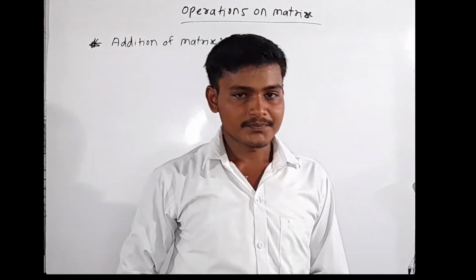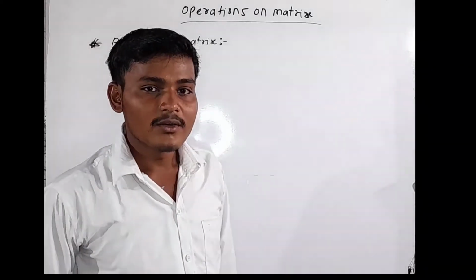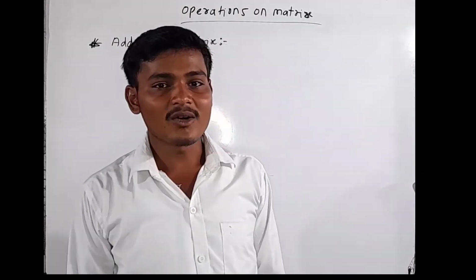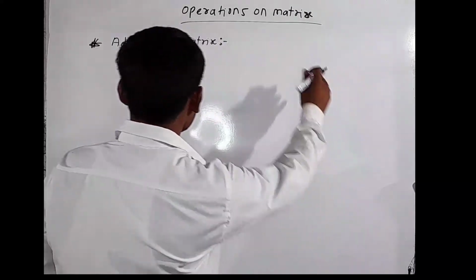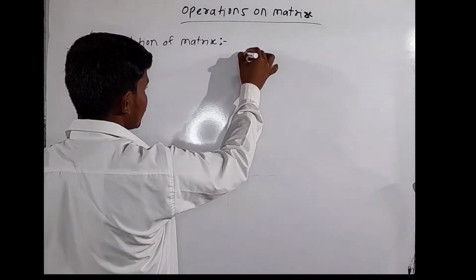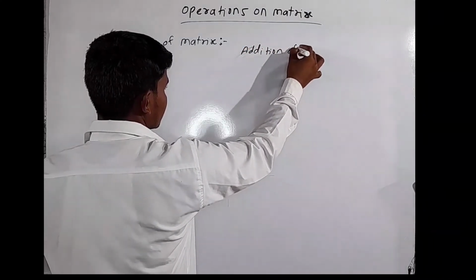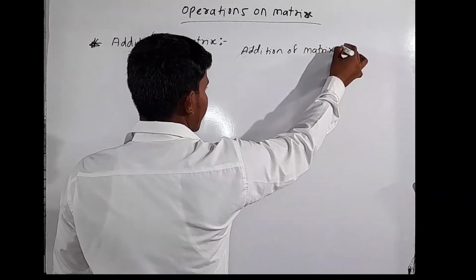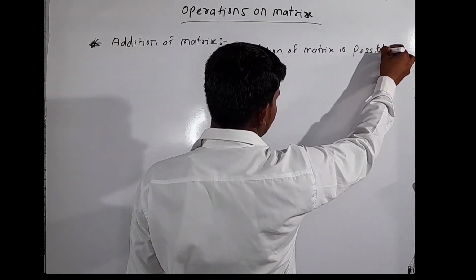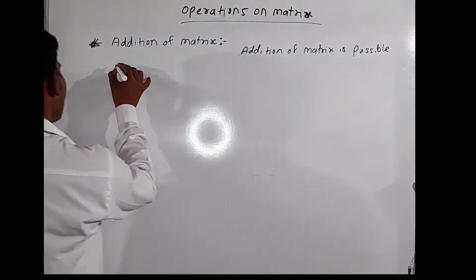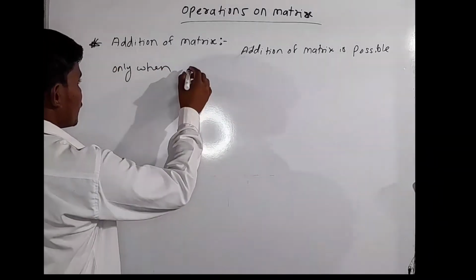Addition of matrix is only possible when the number of rows and number of columns of both the given matrices are equal.